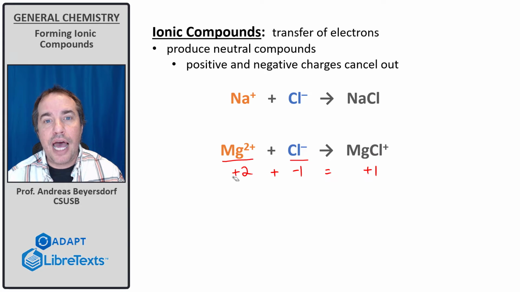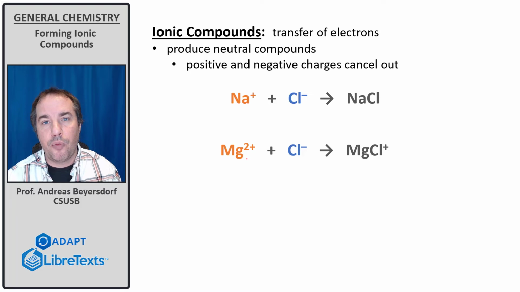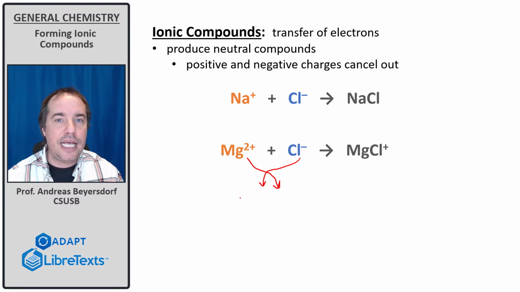And so instead, what has to happen is we need to have twice as much of the chlorine to cancel that out. And to do this, we can use something called the crisscross rule, where we basically take the charge of the Cl- and move that over, and that's the number of magnesium.